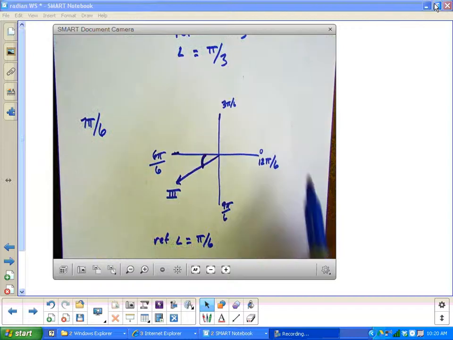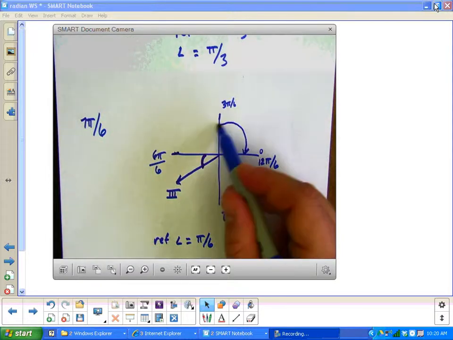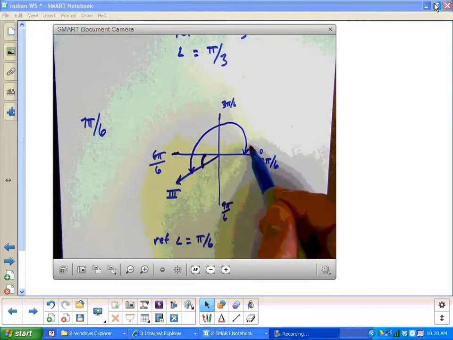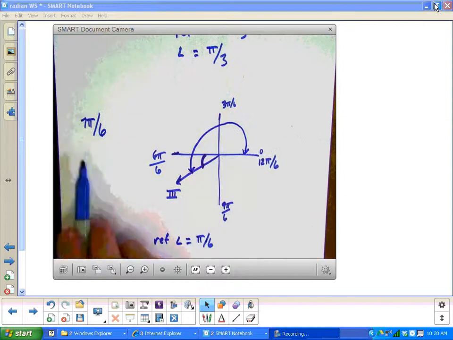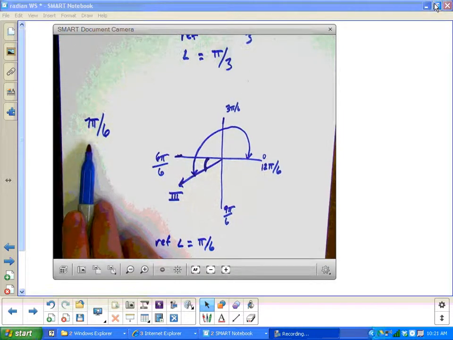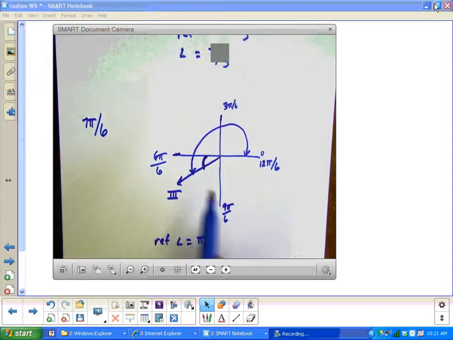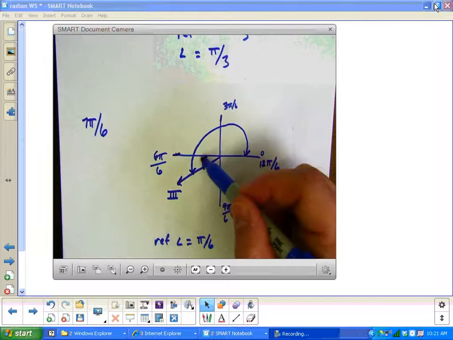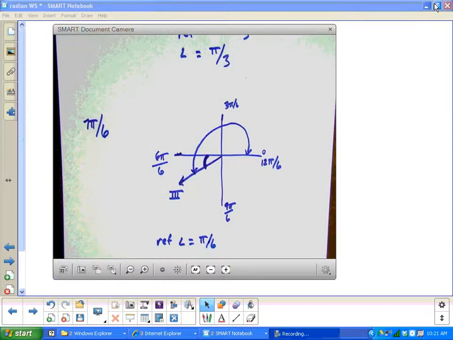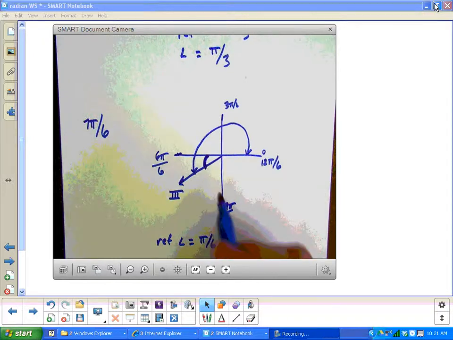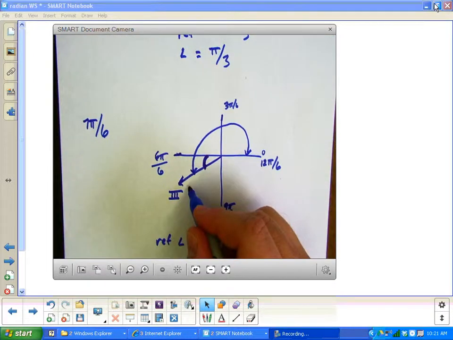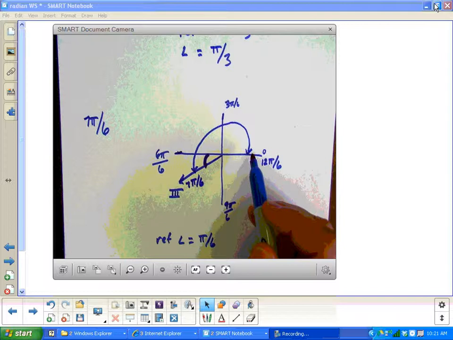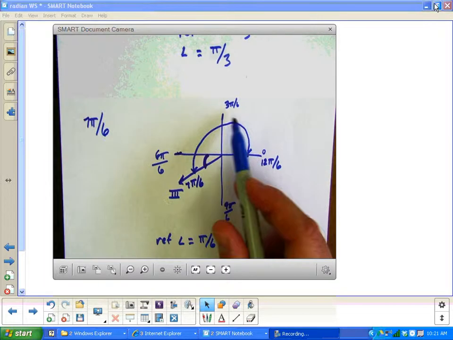So notice, what does this part represent when I do it like that? That's the whole 7 pi over 6. Just this part would be the reference angle. We said that right there was 7 pi over 6, if I start from the initial position and go to 7 pi over 6.